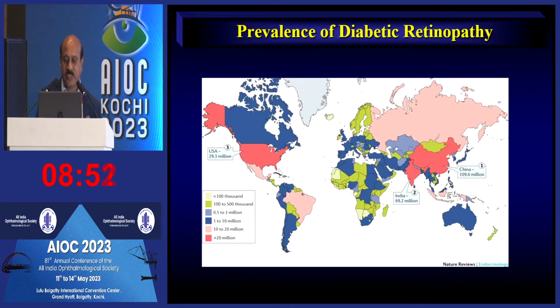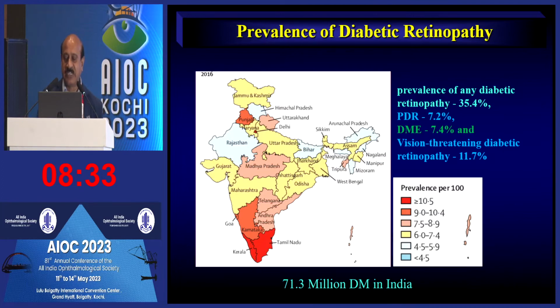Whether retina specialist, medical retina specialist, or general ophthalmologist, we should be able to deal with diabetes because it is an epidemic which is going on, and our country has the highest prevalence of diabetic retinopathy. Almost all the diabetics, around 35%, are involved with some form of diabetic retinopathy. You cannot escape from managing diabetic retinopathy.